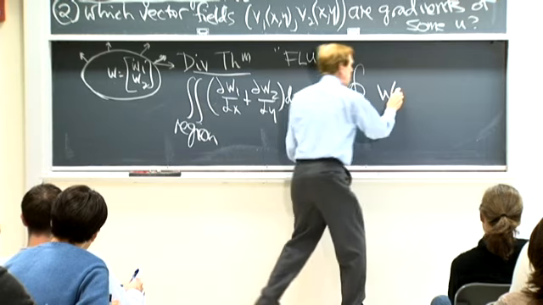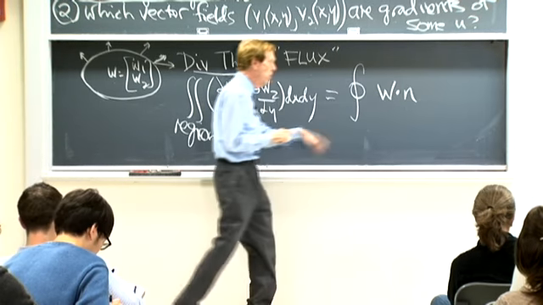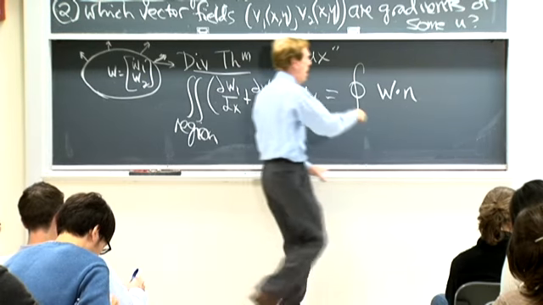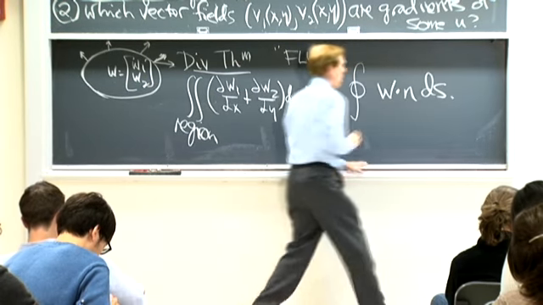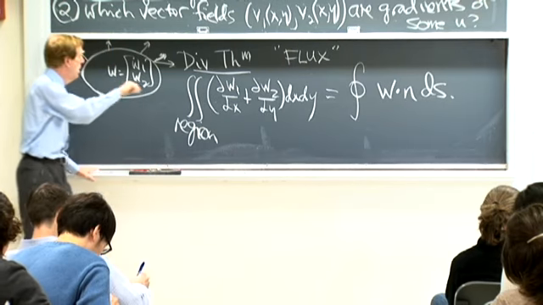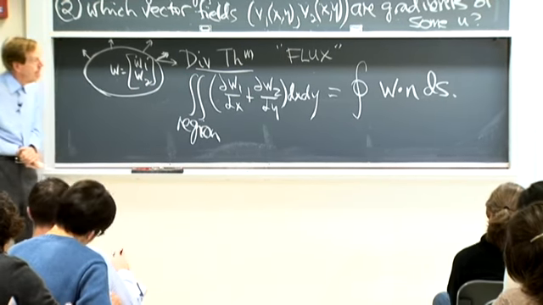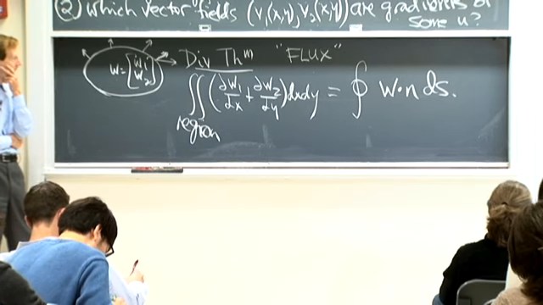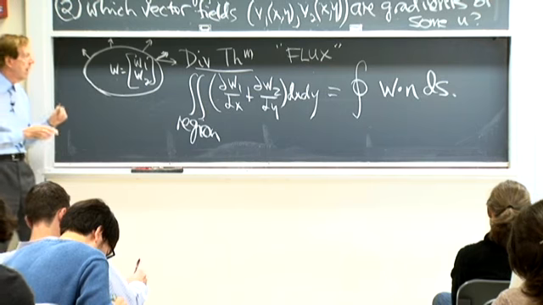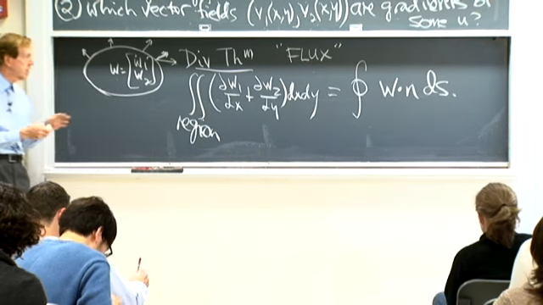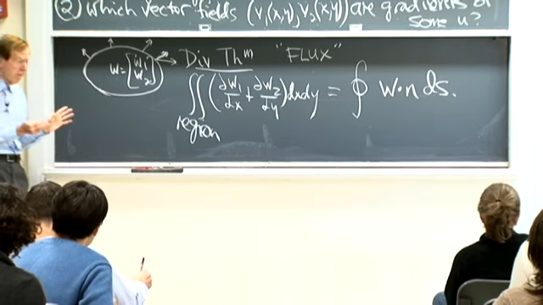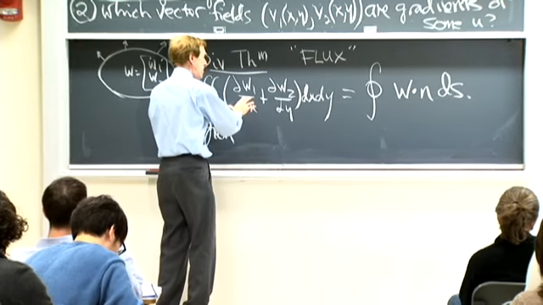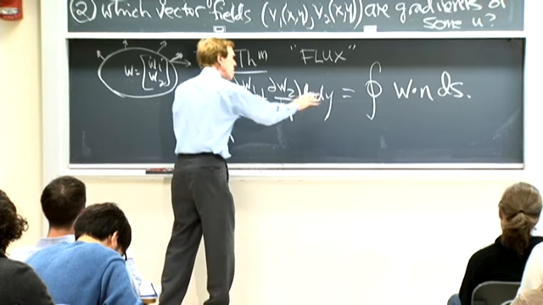So it's W dot N, the normal component of flow, and I integrate that around the boundary. There you have a key theorem in 2D. And it's an equation for the flux. It's like the fundamental theorem of calculus, but now we're in 2 dimensions. And this is what it looks like.